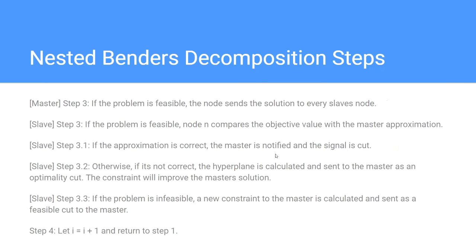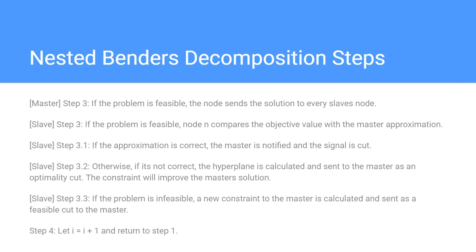At step 3, the master node, if the problem is feasible, sends a solution to all the slave nodes. And at step 3, the slave node, if the problem is feasible, compares the objective value with the master approximation. So all the nodes start to communicate their solutions and compare them to the objective value.